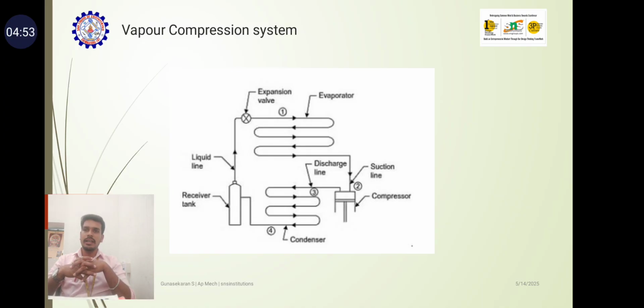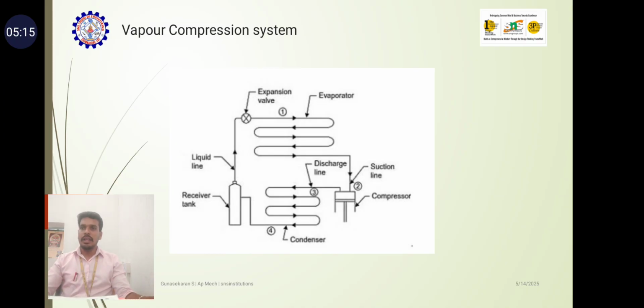The resulting low pressure vapor then returns to the compressor, and again a loop is created. This stage is critical because it is where actual cooling takes place, removing heat from the desired space.